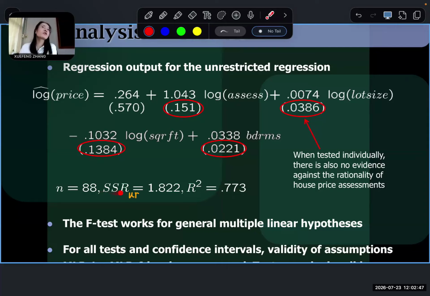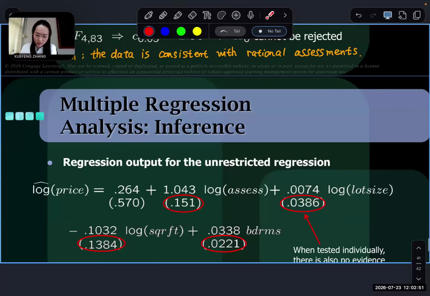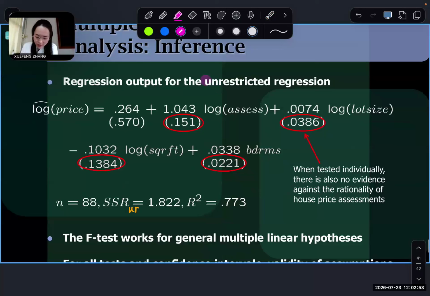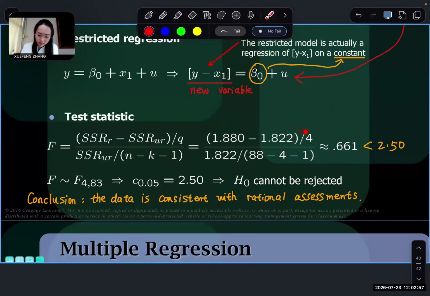One is for the full model, unrestricted. Another one is for restricted, okay? You should be able to compute the F statistic and compare with the critical value. Of course, I'll give you the critical value. You should be able to do the hypothesis testing.